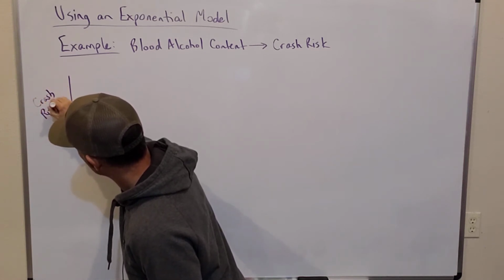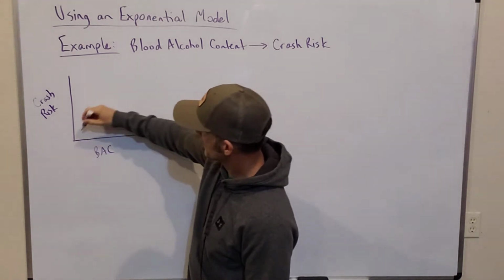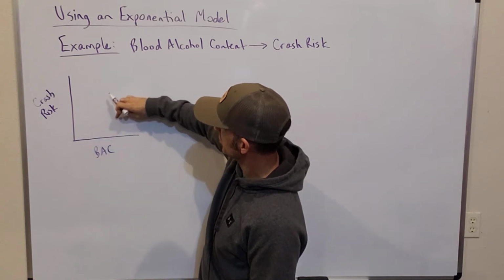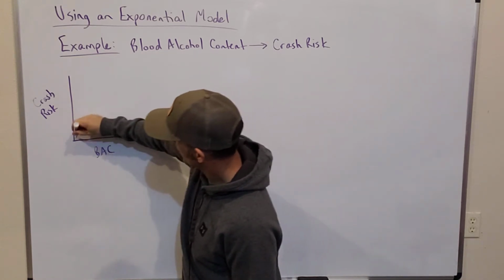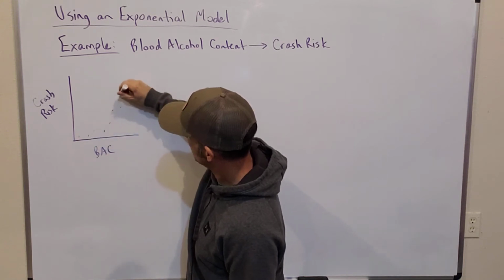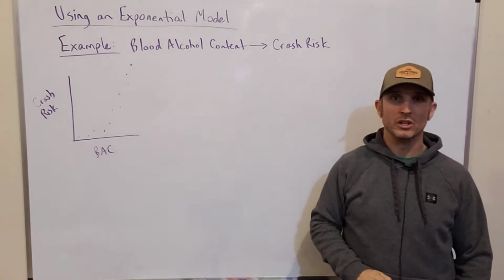We'll talk about how to measure crash risk in a minute, but the idea is as your blood alcohol content goes up, your crash risk grows really rapidly. A scatter plot might look something like this. It starts out kind of slow, but then the risk grows really, really quickly.